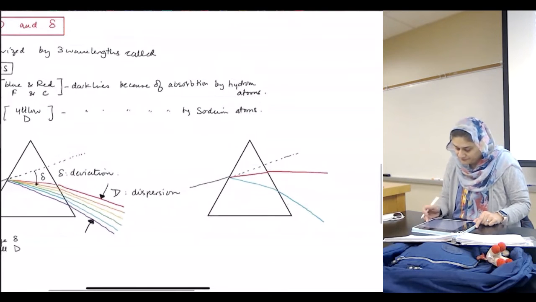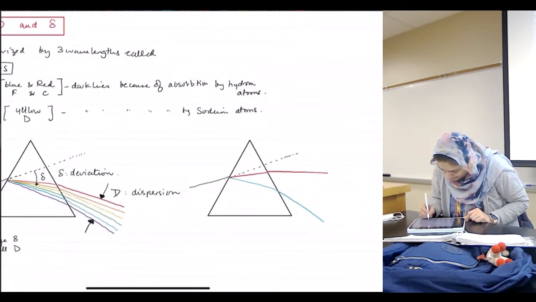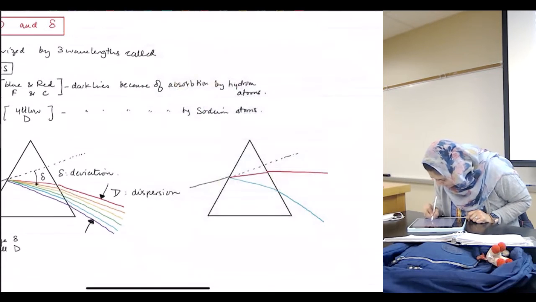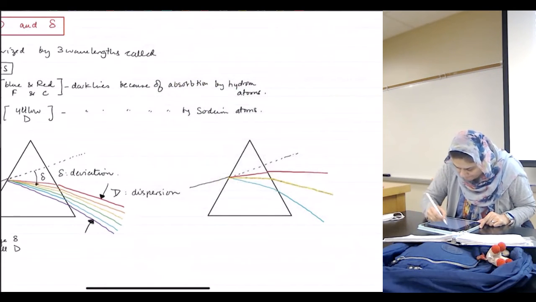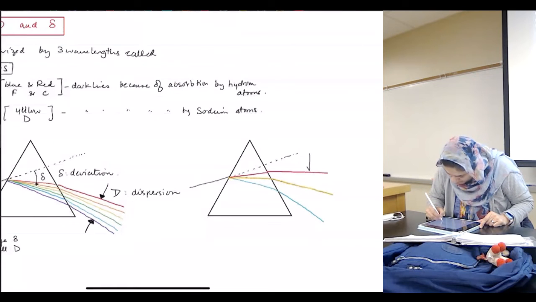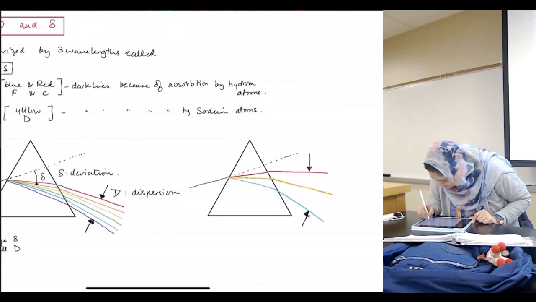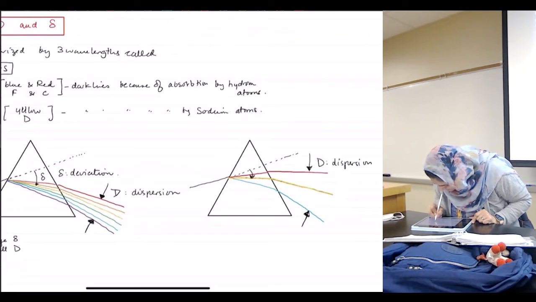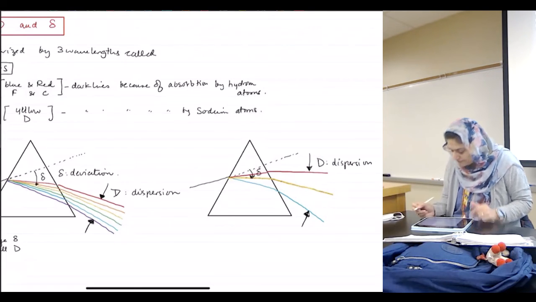Do you see that? Where if I was to draw a yellow in the middle somewhere, this one has a very large dispersion. And a smaller deviation.